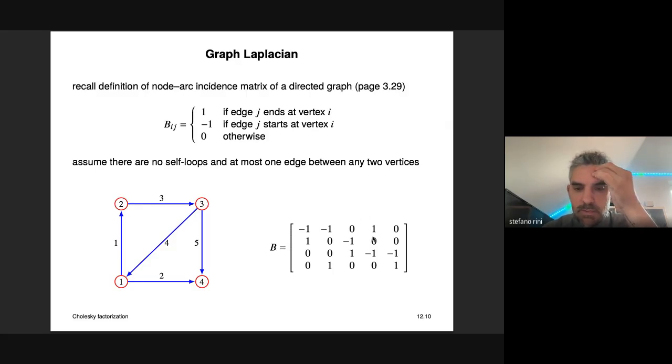This corresponds to this +1. Then we have a -1. So this is a reverse edge. It leaves 1 and goes to 2. And then we assume that there are no self loops, and at most one edge in between any two vertices, right? So we don't allow multiple edges.